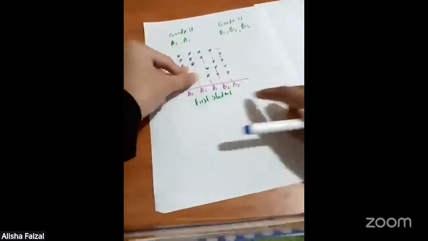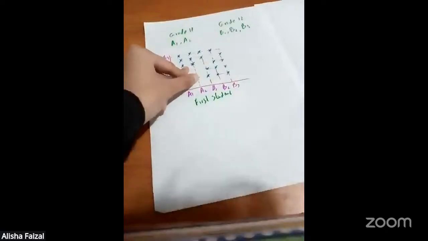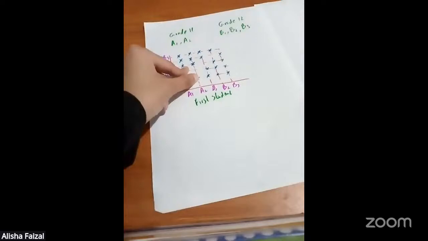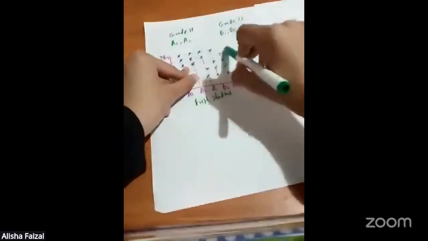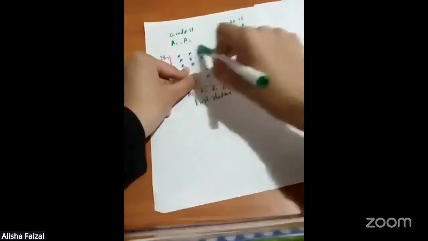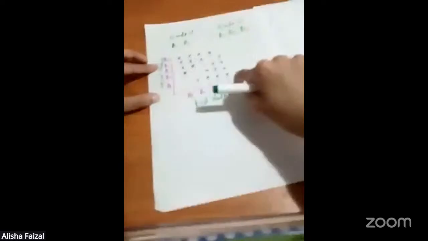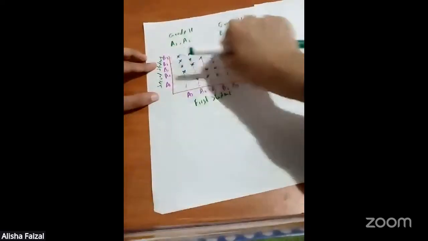Before that, we have to encircle. So only these will come here, and these two as well.